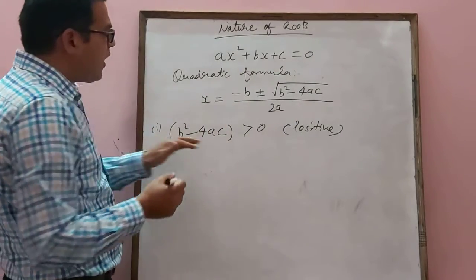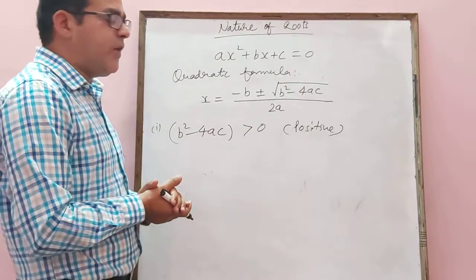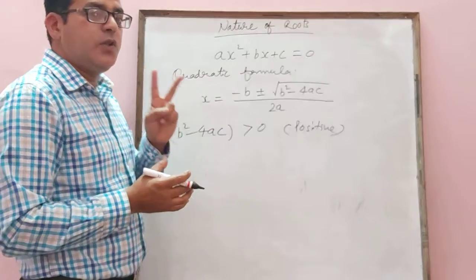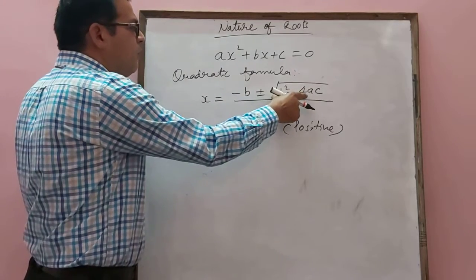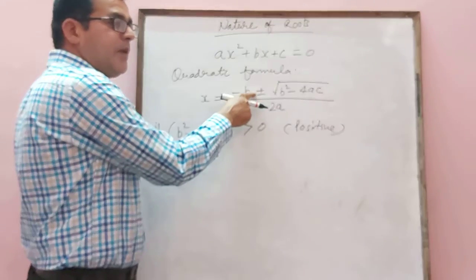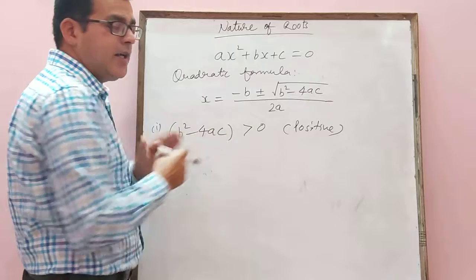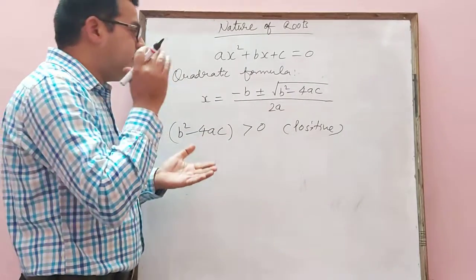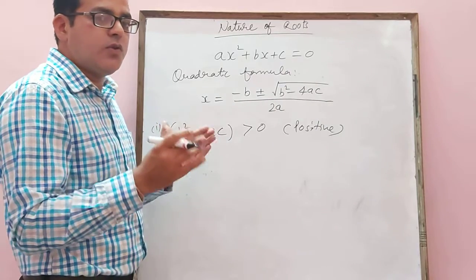If we are getting a positive value, it means there will be two cases. Once we take that value positively, since plus and minus signs are there, then in the second case we take it negative. It means two roots will be obtained here, and the roots will be different. Distinct roots, we can say.